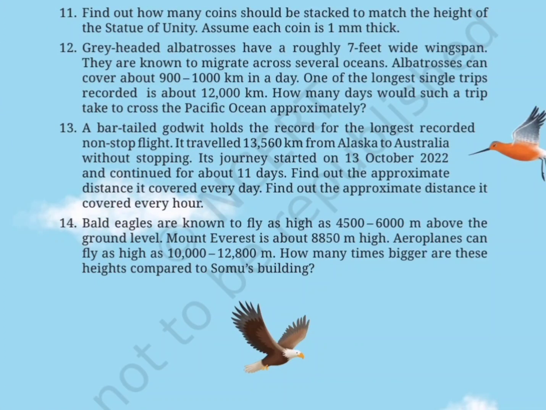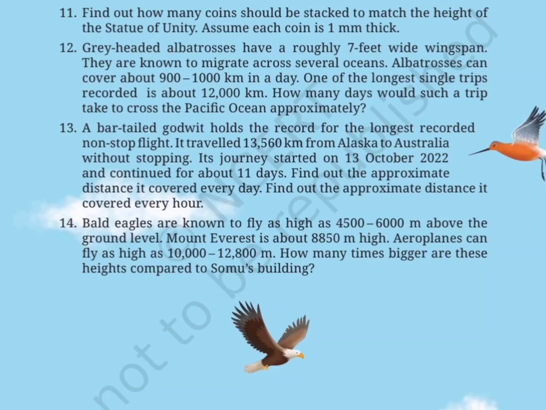And the most important ones, the last 3 problems, case-based questions, include the concept of maximum and minimum values, for which they have given in the 12th problem 900 to 1000 km in a day. One of the longest single trips recorded is about 12,000 km. So the total value is given and they have asked how many days such a trip would take to cross the Pacific Ocean approximately.